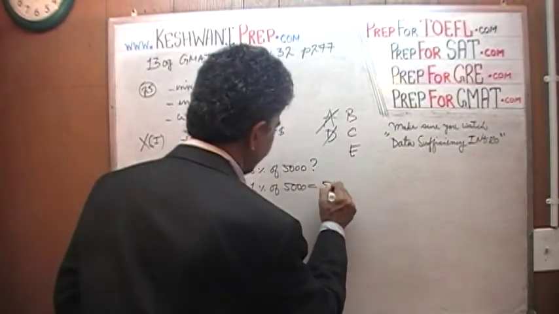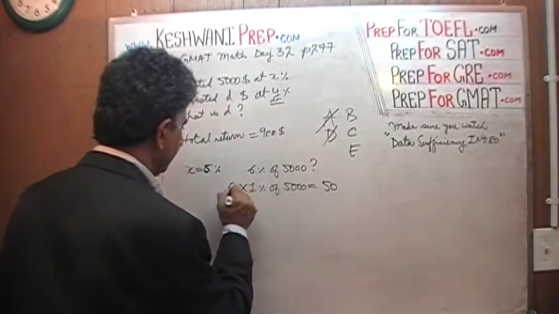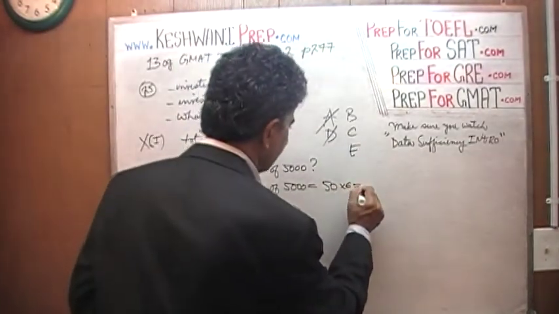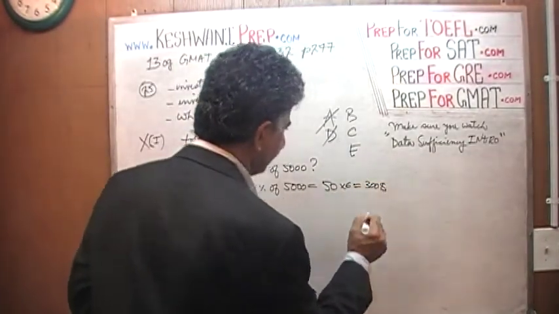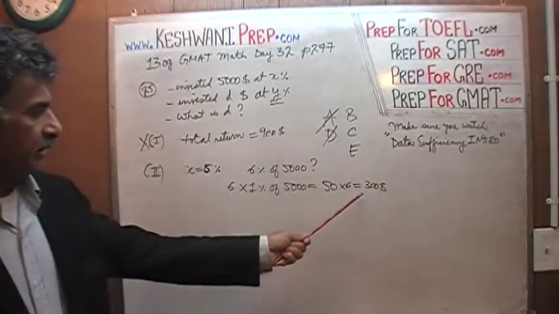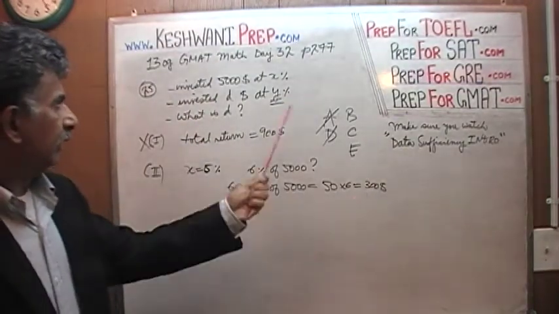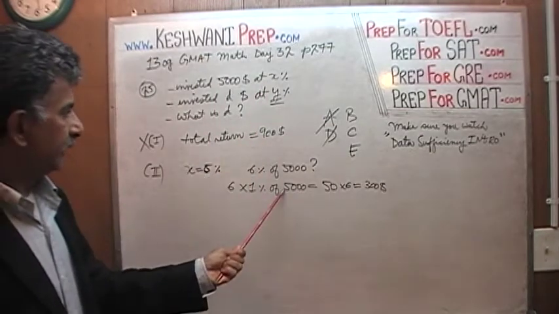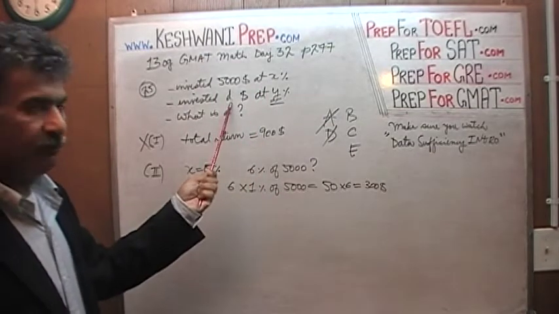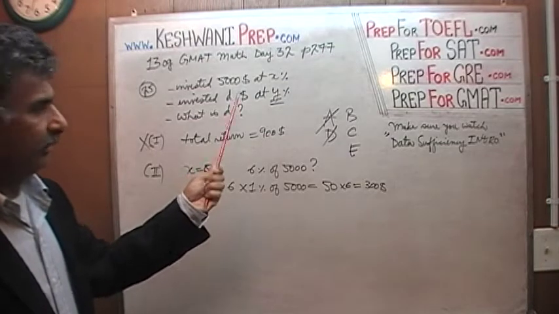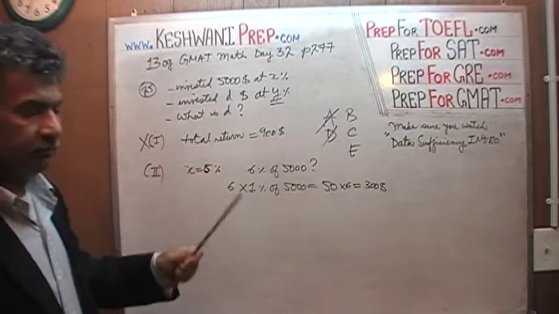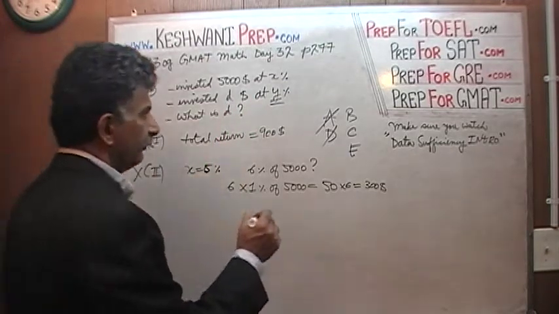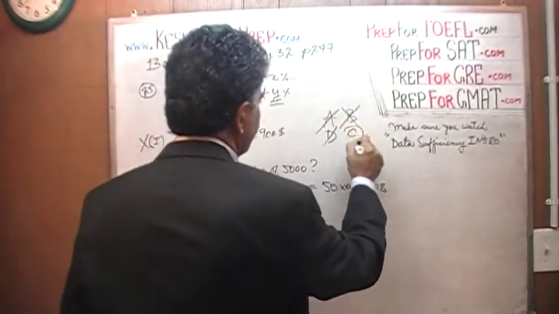Therefore, 6% is going to be 6 times the amount, which is 300. So now we know that she earned $300 on the first investment. But that is not going to help us determine how much she invested at Y%. That is not enough by itself, which means the answer also cannot be B. It's got to be either C or E.